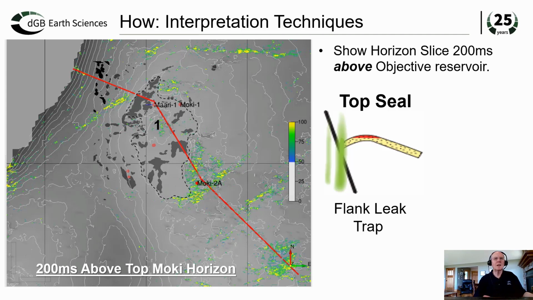What we do see are chimneys on the flanks of the structure, and thus we can determine that this is a flank leak trap, and that the most likely water-hydrocarbon break in the column is at that dashed black line. This has been corroborated by the well data, which shows that the Moki 2A well was drilled in a wet sand at this stratigraphic interval.